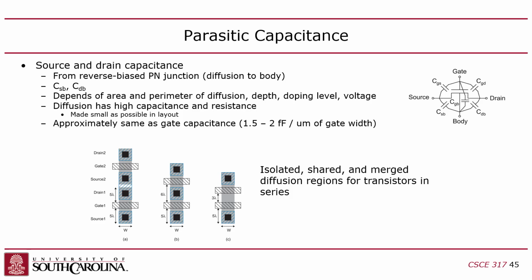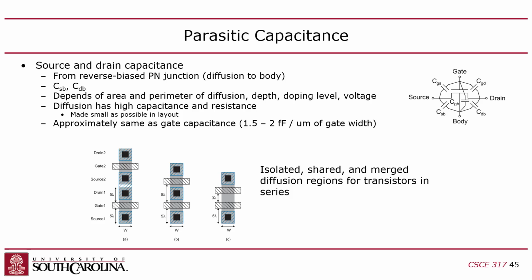What happens is that you can see there's a square here and a square here, right? These are source and drain diffusion areas. Okay. Actually, let me take that back.